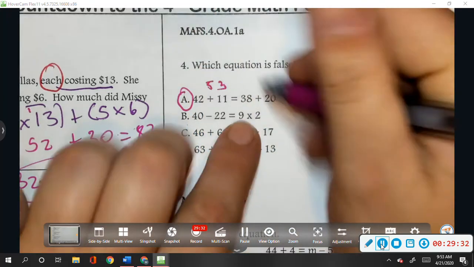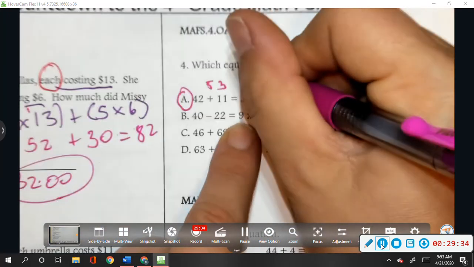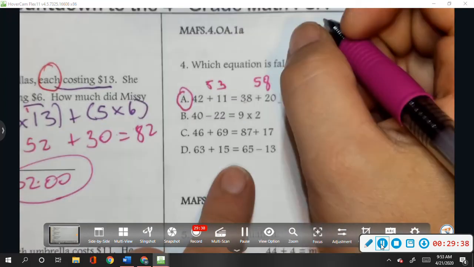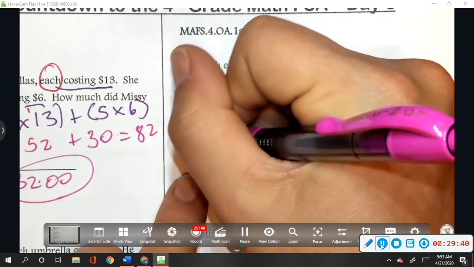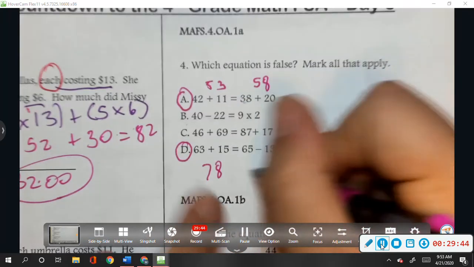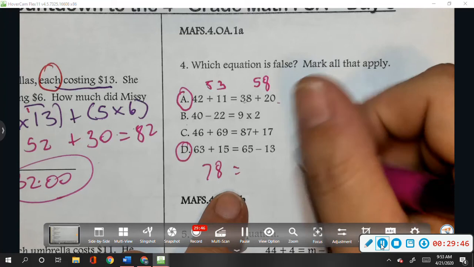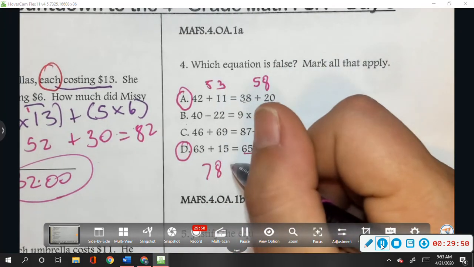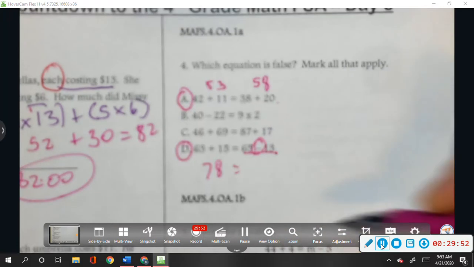And then when we add 38 plus 20, we get 58. So those are not going to be equal. And then D is also not going to be true. 5 plus 3 is 8, 7. And if you even subtracted 65 from 13, you already know you're going to get a smaller number because you subtracted.